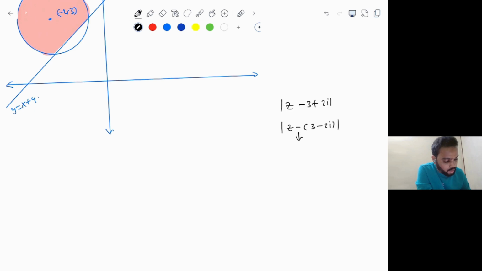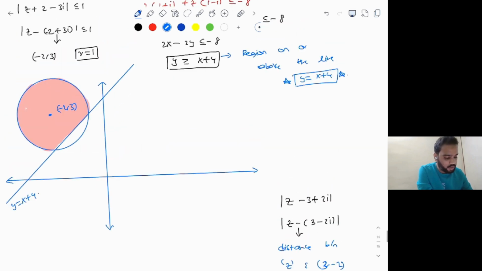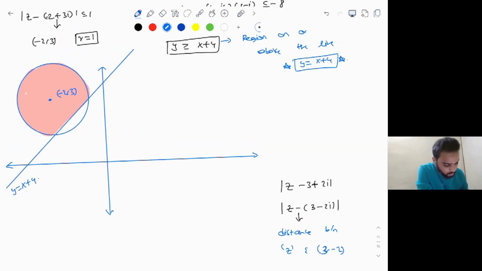Which means this here is representing the distance between the complex number z and the point 3 comma minus 2 in the complex plane. So let's try to mark the point 3 comma minus 2 also, which will be somewhere here. I will take it as some point P and let us mark the center as C.